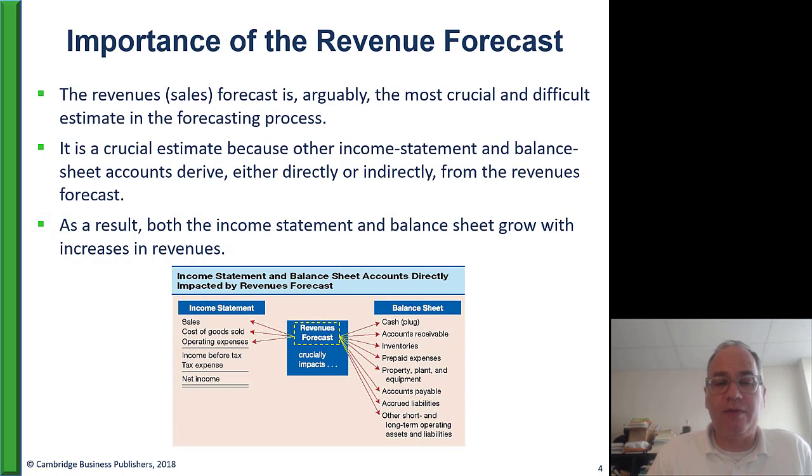Everything is really going to come from sales, as shown in the chart here below. And sales is your most basic piece of information. There's other information that's very important, but sales is the most fundamental foundation of the entire forecast.